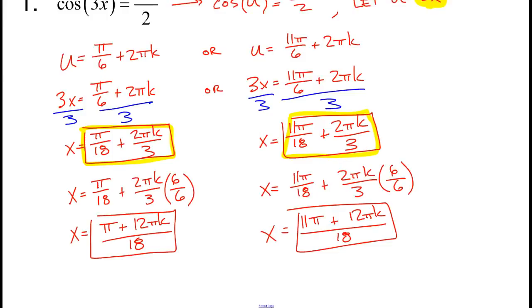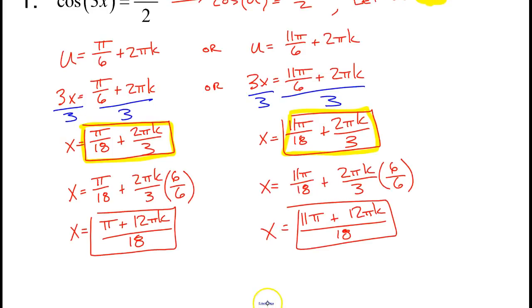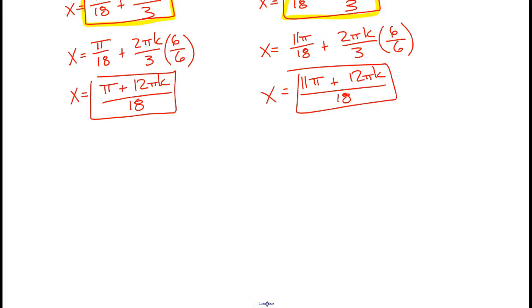So what I'm going to do now is start listing them. I'm going to make a table here, and just to keep things straight, I'm going to call these x sub 1 and x sub 2. I'm going to start by listing some k values, and then listing some x1 values and some x2 values. And we're going to stop when we get up to 2 pi.